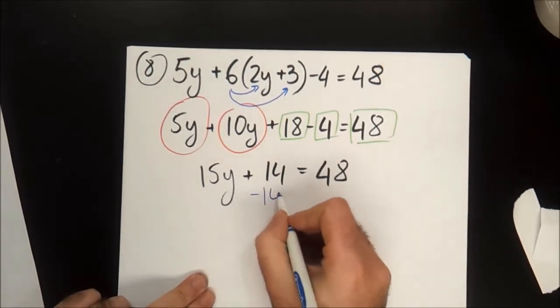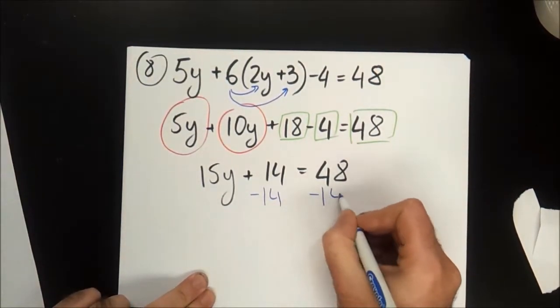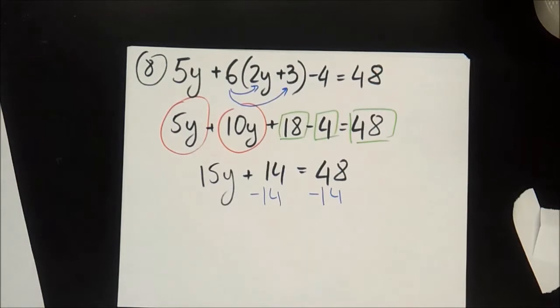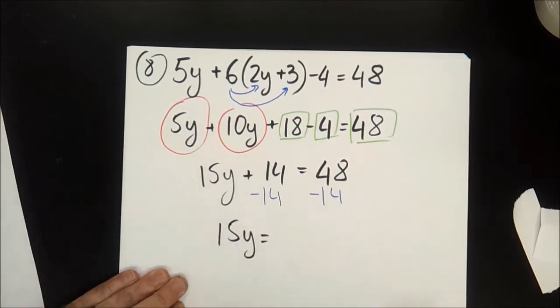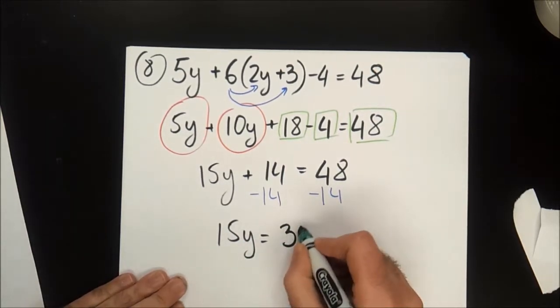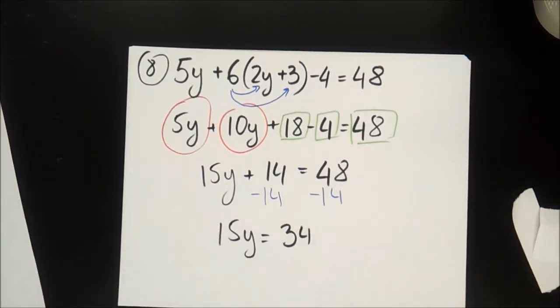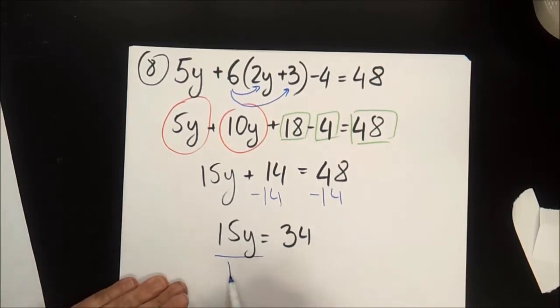Subtract 14 from both sides because that's the further term. 15y equals 48 minus 14, which is going to give us a 34. I was hoping it would come out to 30. But that's okay. Again, we're going to get a fraction for an answer. At least that's the answer. We don't have to do anything else with that fraction.